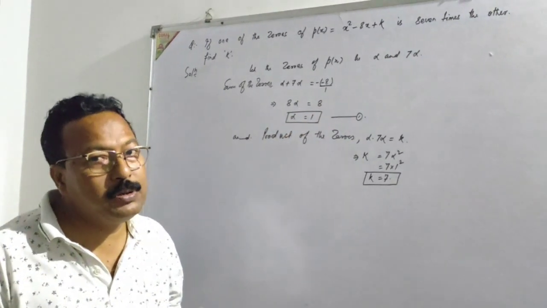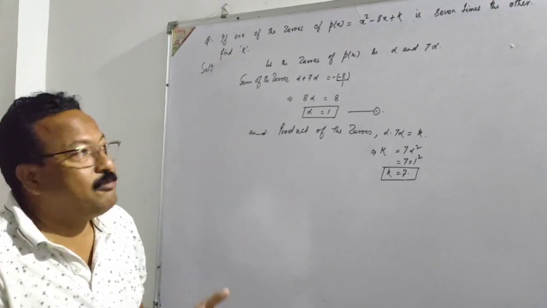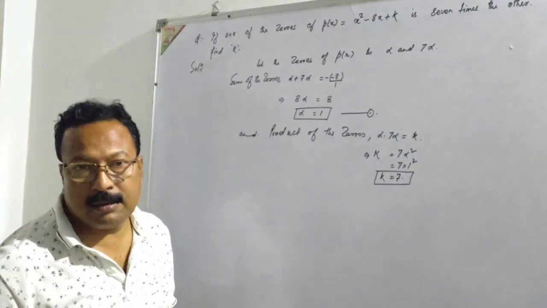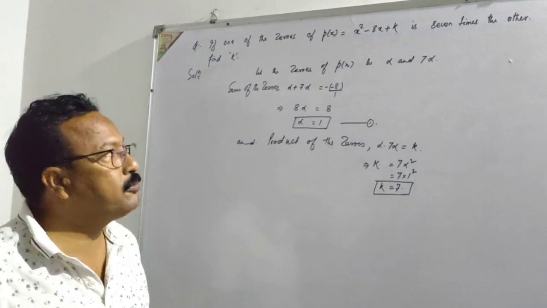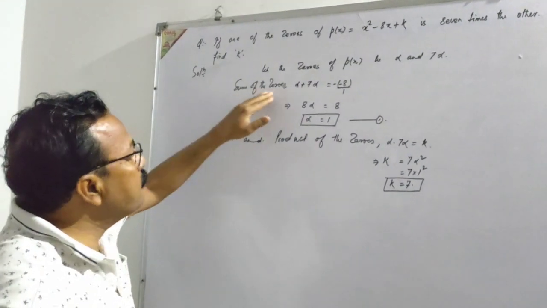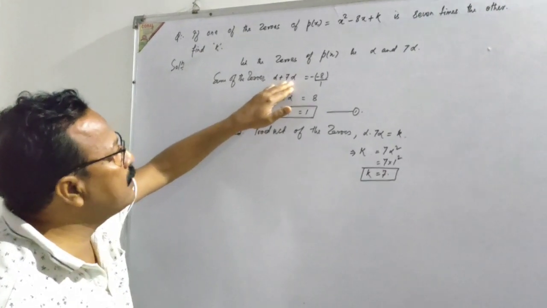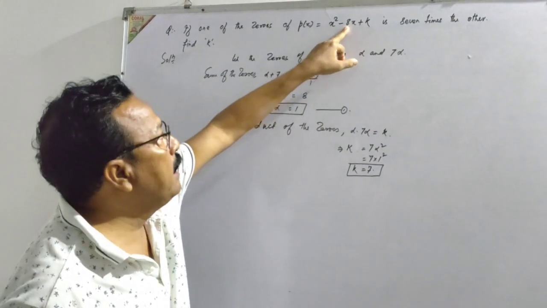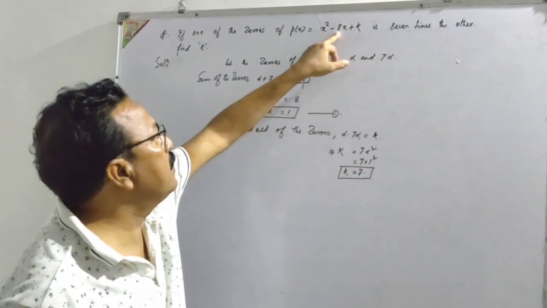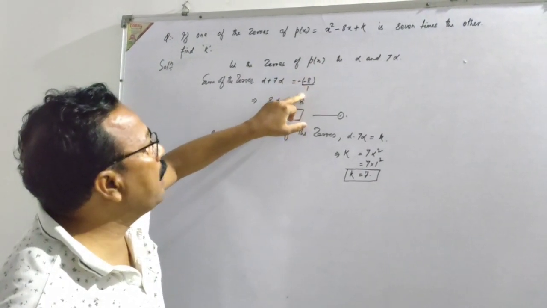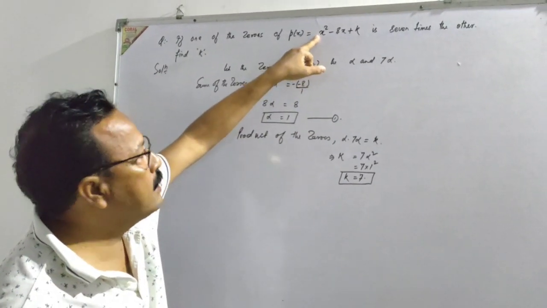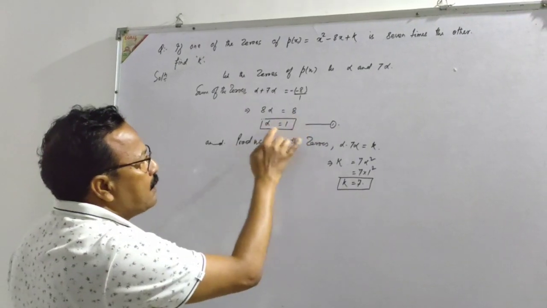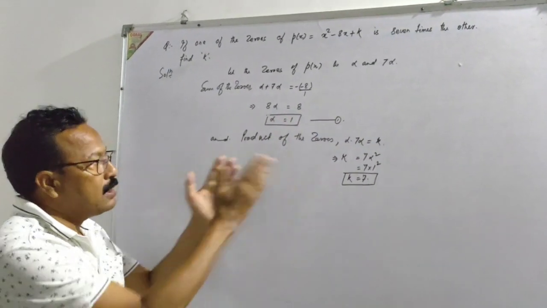Since one of the zeros is 7 times the other, the first zero we consider as alpha, then the second zero must be 7 times alpha, and the sum of the zeros, alpha plus 7 alpha, equals minus b upon a. Here b is minus 8, so minus of minus 8 by the coefficient of x square, which is 1. You will get 8 alpha equals 8, that is alpha equals 1.